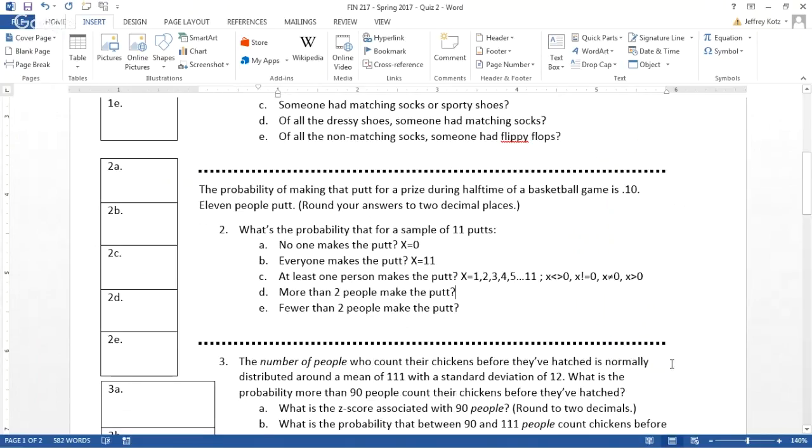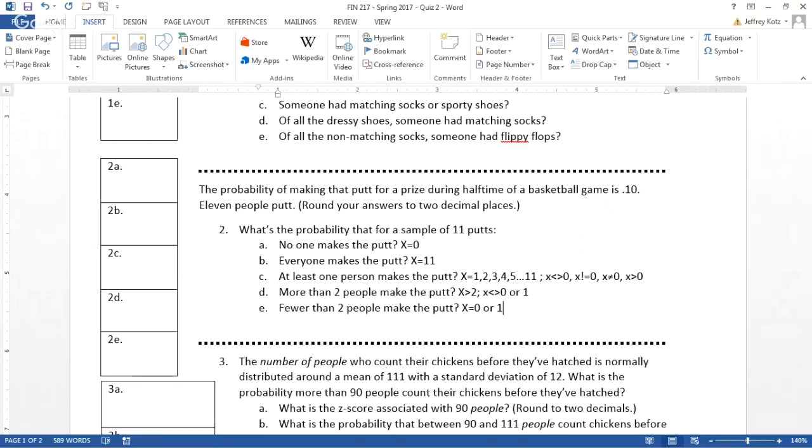we get from 2A. More than 2 people make the putt, that's x greater than 2, otherwise known as x does not equal 0 or 1. Fewer than 2 people make the putt. Well, 0 is fewer, 1 is fewer, but 2 is not fewer than 2, so we don't include 2.